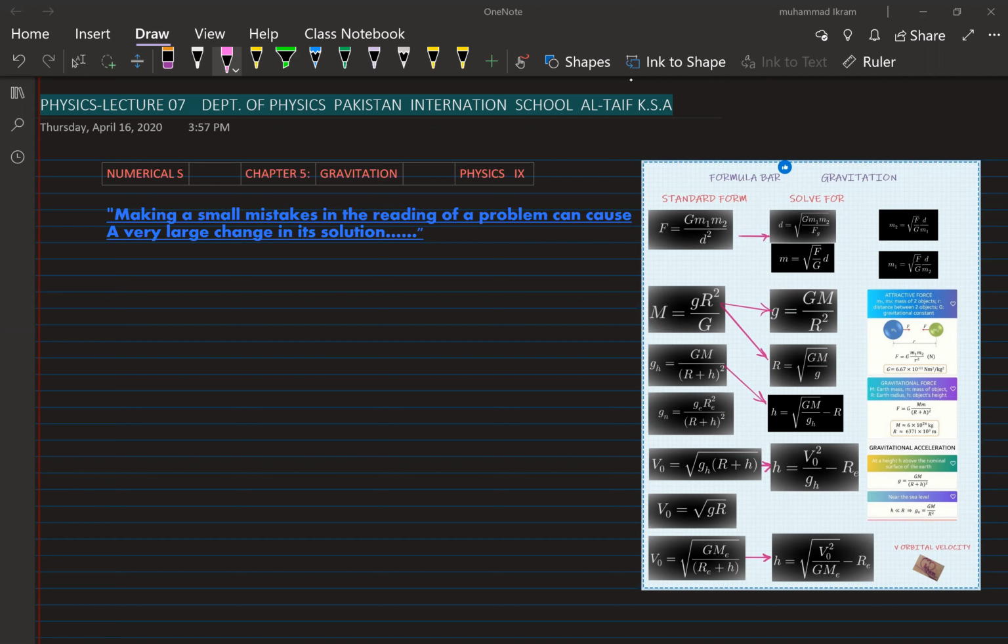As far as my experience is concerned, most of the students feel difficulty in solving the numericals or the physics problems, the real day life problems.